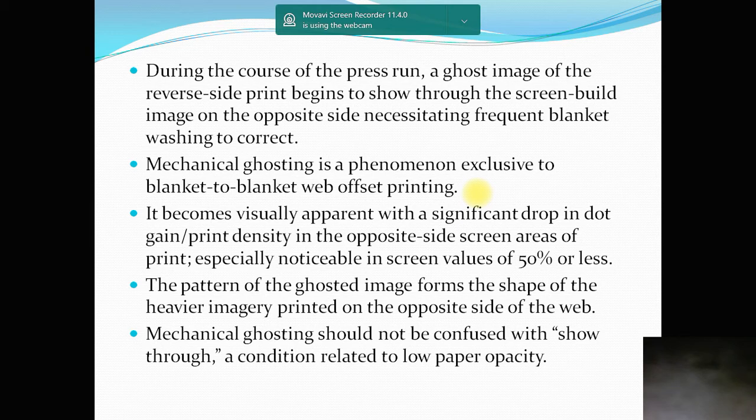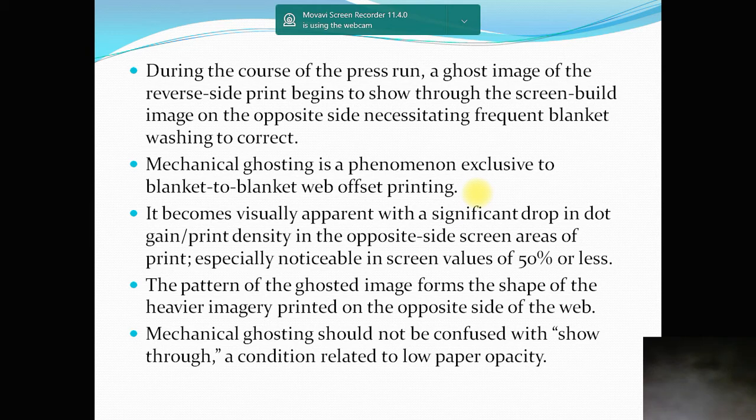Mechanical ghosting should not be confused with show-through. Show-through is entirely different and mechanical ghosting is entirely different. You should not get confused with these two. Show-through is a condition related to low paper opacity. When the paper opacity is very low, then we have a problem which is called a show-through. Normally, the paper should have high opacity.